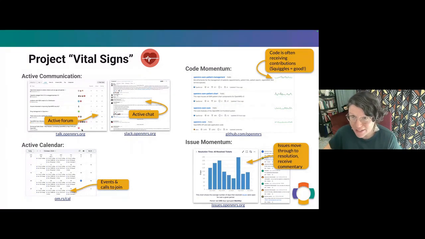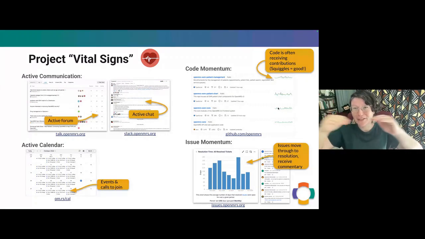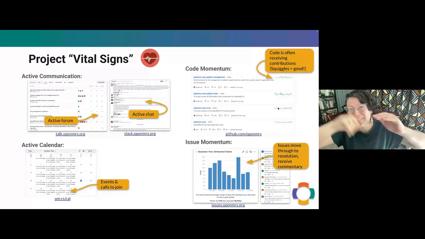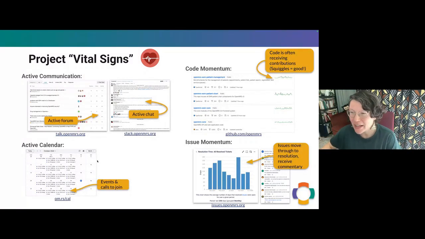We have an active forum where anyone in the world can ask their questions. We have an active chat as well on Slack. We also have a lot of code momentum. If you go into our GitHub, you'll see that there's a lot happening day to day. In some open source projects, you'll see that it looks like the patient is dead because the lines have stopped moving. So this is a good sign.